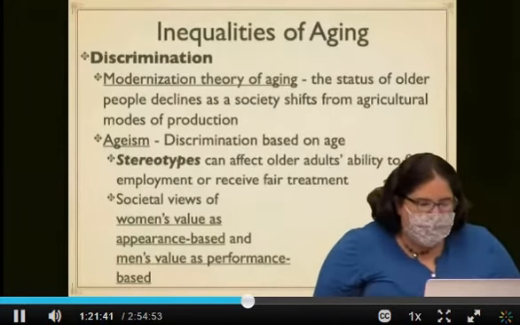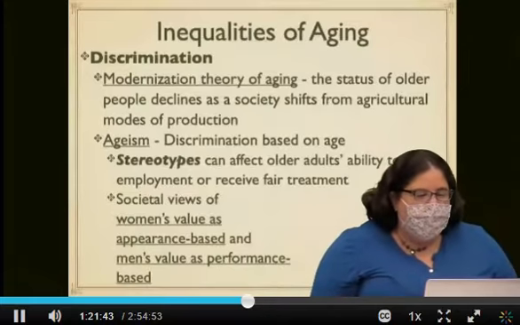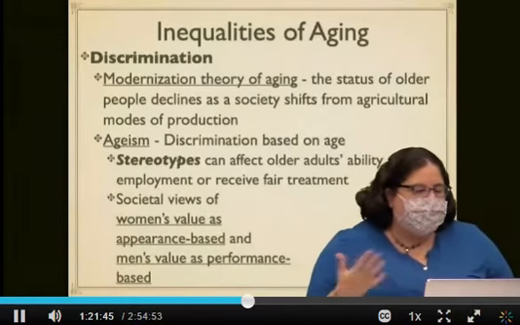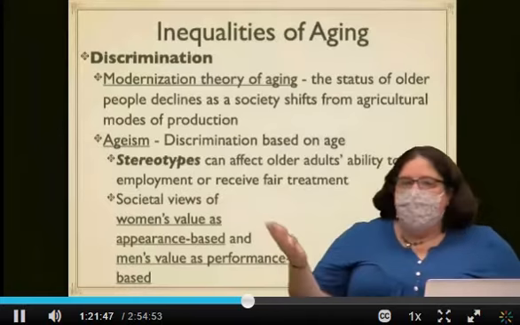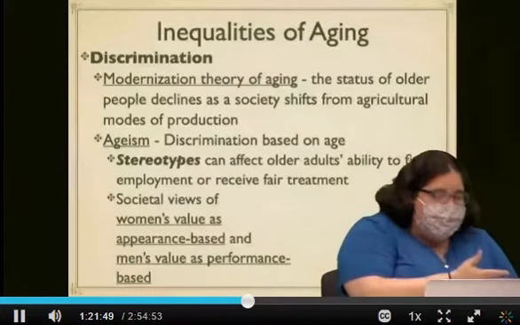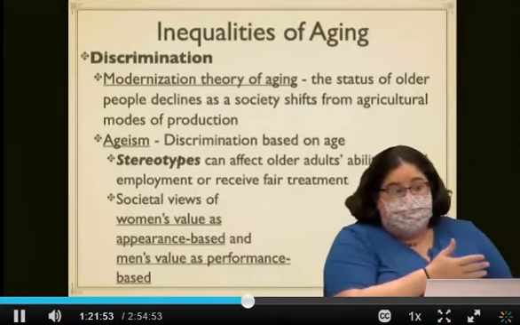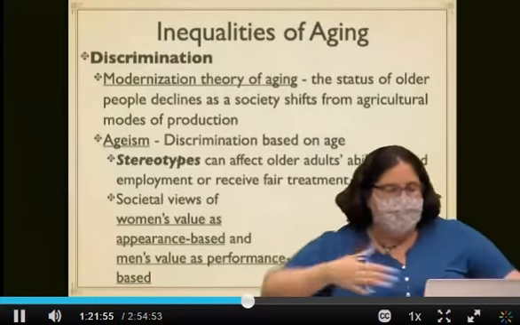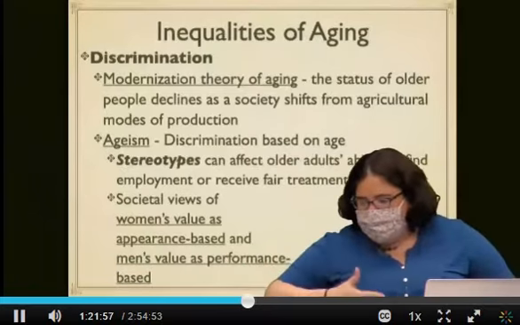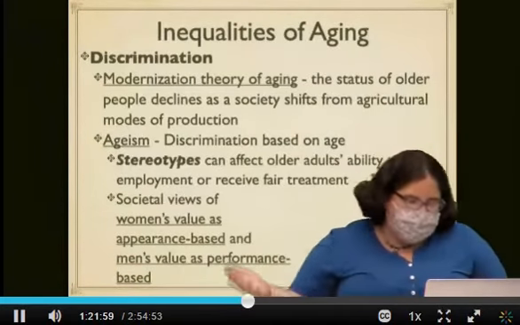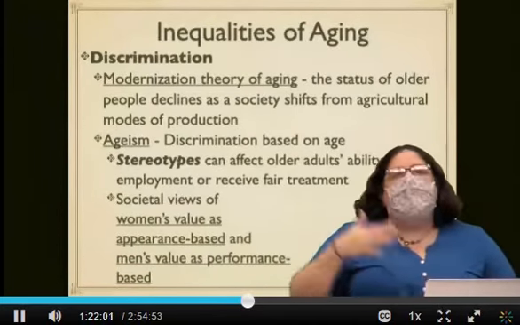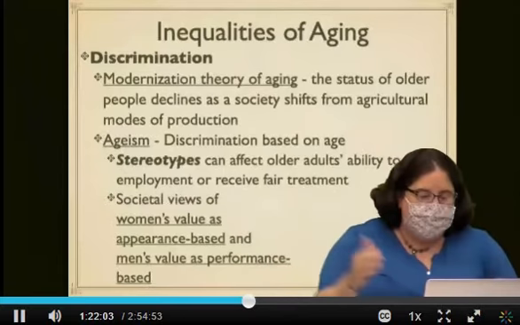So this is sometimes seen as a double standard of aging, where women are hit twice as they age, both as being old and as being less attractive, whereas men are discriminated against for being older, but not necessarily on their appearance or performance.